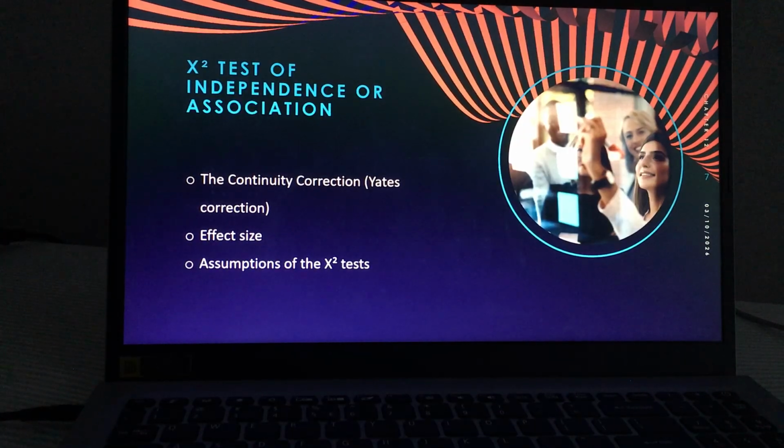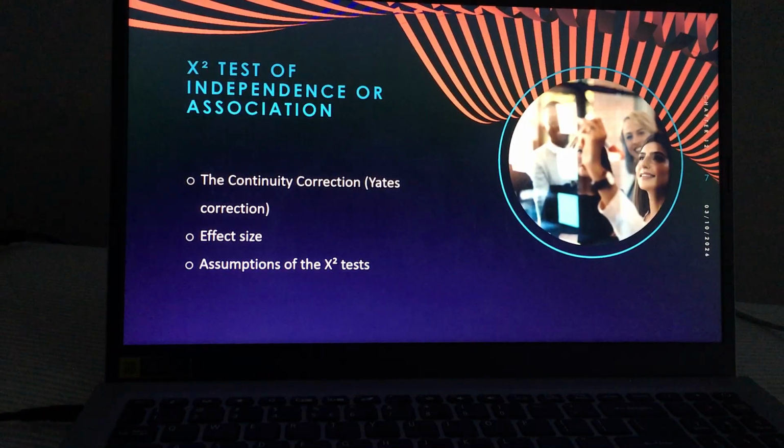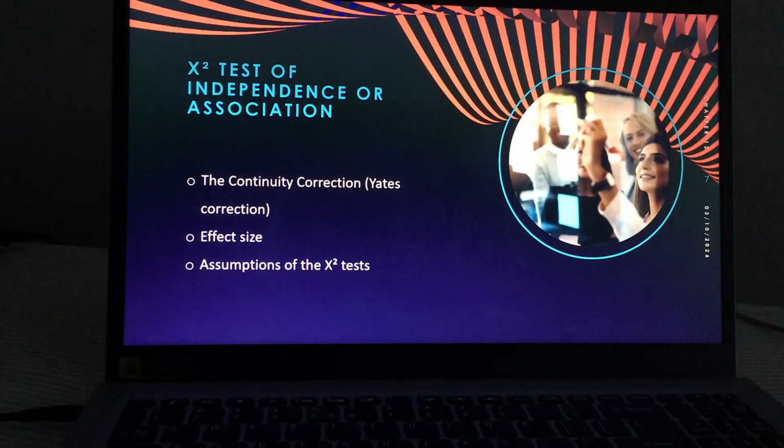So you want to be able to discuss, right, how strong is this association or deviation. So there are several different measures that you can choose when reporting and several different tools that you can use to calculate them.